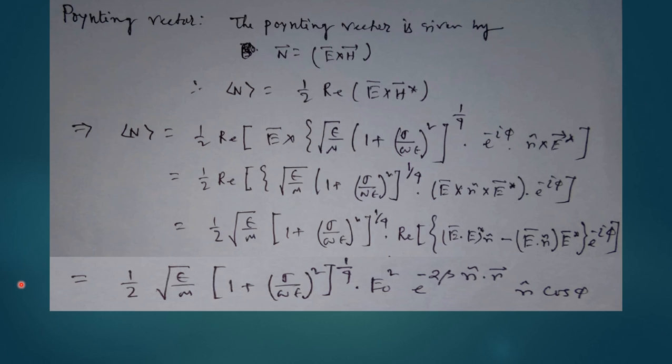This expression tells us that the energy flux is damped, as there is the term e to the power minus 2 beta. The energy flux is damped in a conducting medium, and the energy loss is due to the Joule heat.